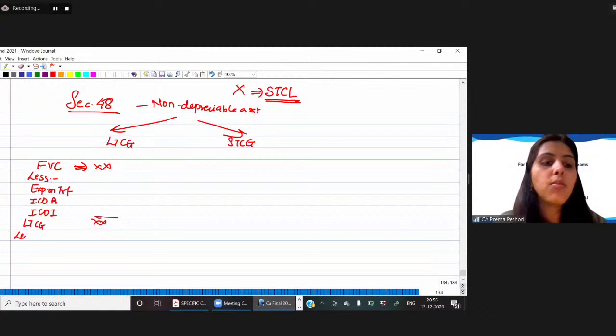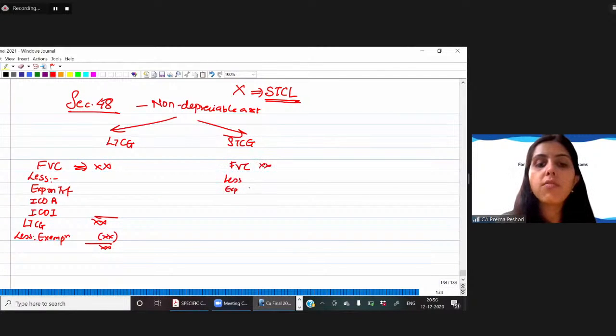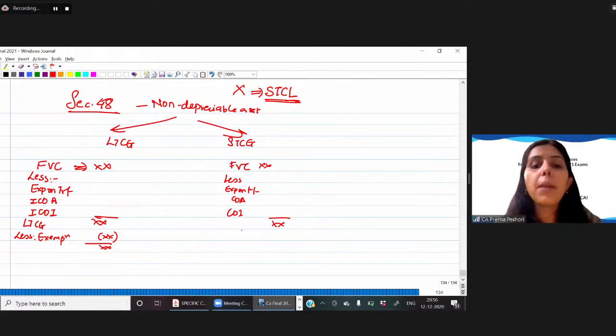From this, you less exemptions. For short-term capital gain: full value of consideration less expense on transfer, cost of acquisition and cost of improvement. This is your short-term capital gain, less some exemptions if applicable.